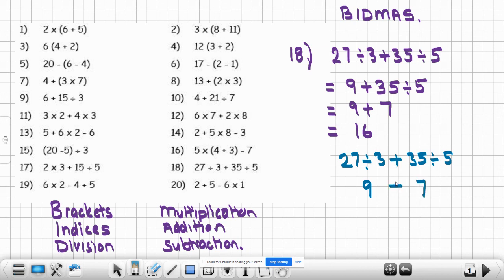And I'm going to add those two together. Okay, you'll notice that I'm putting equals each time. I'm saying that this sum is equal to this sum is equal to this sum is equal to this sum. So each time I'm breaking it down, I'm making it clear that I'm not changing the value. I'm just tackling one bit of the sum at a time.